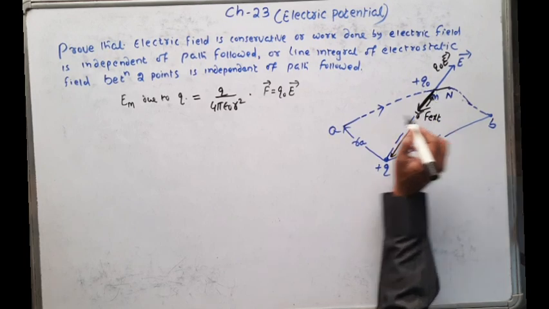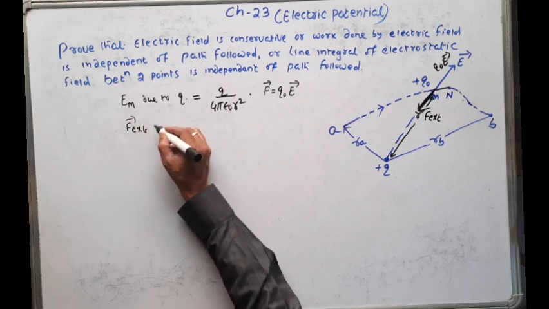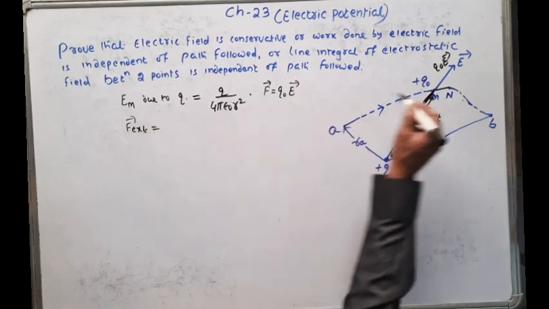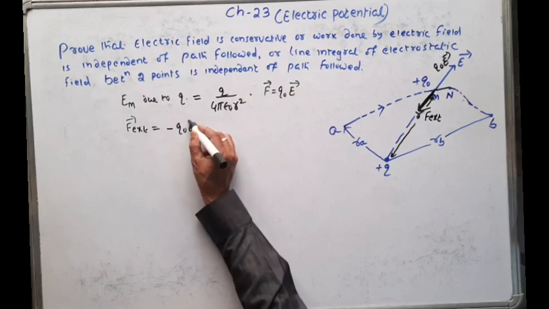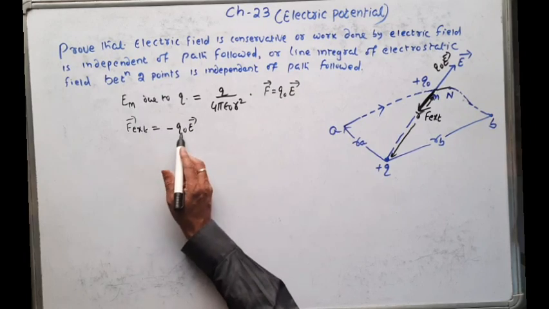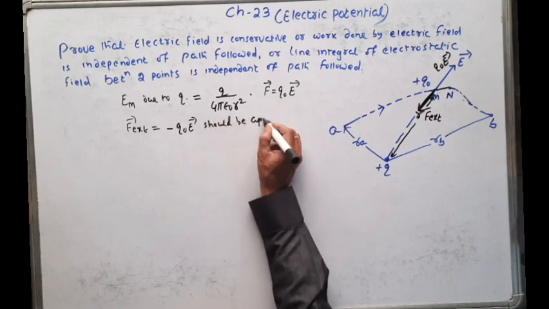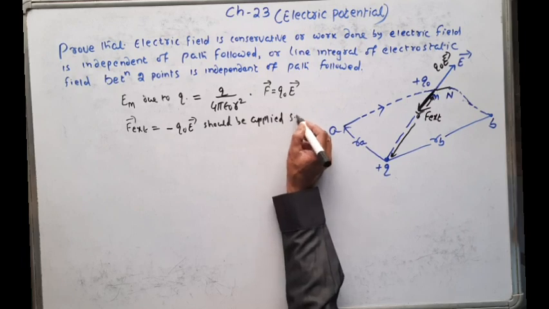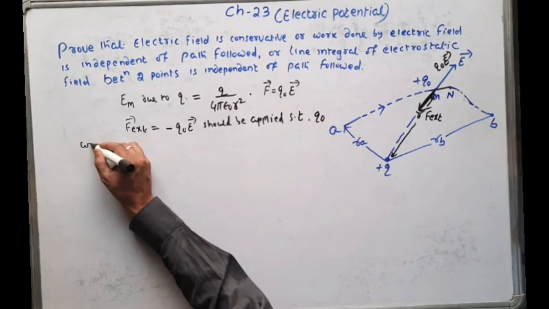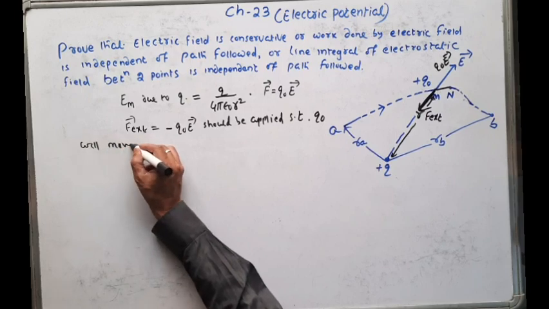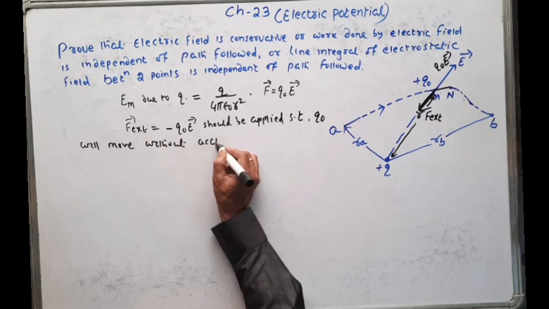What is the external force? The external force required will be opposite to the force experienced from the electric field, that is minus q naught E. This external force should be applied so that the q naught charge will move without acceleration.